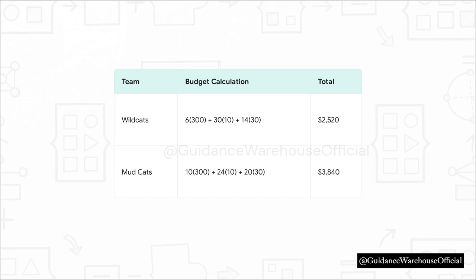Let's dive the Wildcats row down the cost column. 6 goals times $300, plus 30 balls times $10, plus 14 jerseys times $30. Add those up, and the Wildcats' budget is exactly $2,520. We do the exact same thing for the Mudcats row down the cost column, and we get $3,840. Look at that! We instantly generated our final budget matrix without breaking a single sweat over algebraic equations.